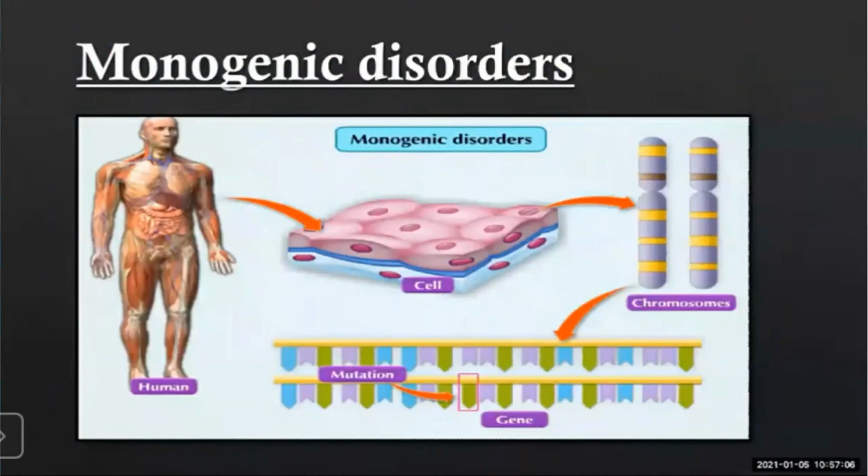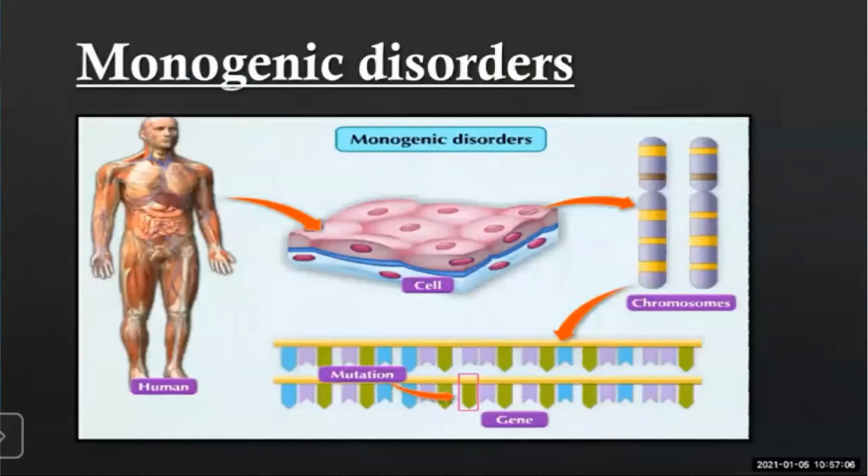The causes of these genetic disorders are changes in the number of chromosomes, increase or decrease in number, deletion of any part of a chromosome, and translocation of chromosomes.